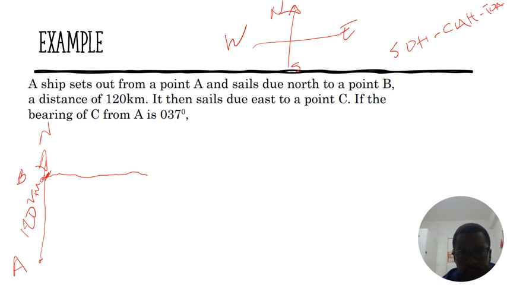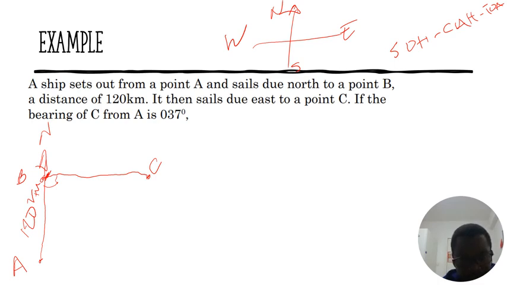It then sails due east to point C. It reached the point called C. If the bearing of C is 037, remember it moved from north to east, it moved 90 degrees, which means that angle is 90 degrees. Now the bearing of that line is 037 degrees from A, from here.